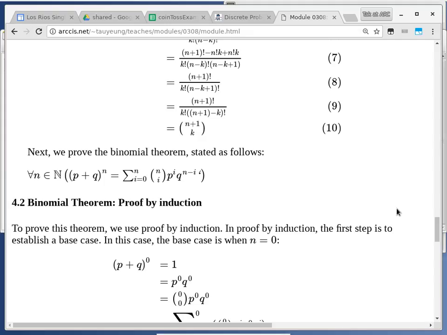So are we still doing okay so far, connecting everything from the initial example of 5 coin tosses, where we want 3 heads out of 5, all the way to here? Remember, what is P? P is the chance of landing on the head. Q is the chance of landing on the tail, right?